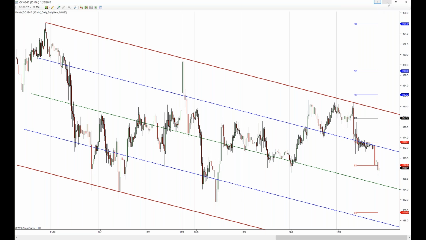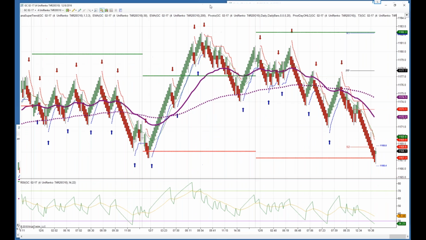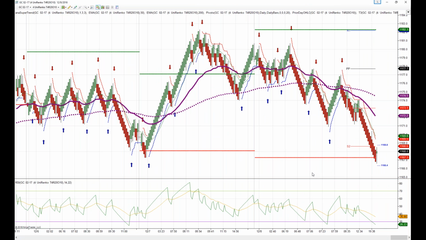So now I can go to my money chart. That's the bar chart. And the first question I ask myself, where is the 50 moving average, which is the dark purple line? Where is the 50 moving average compared to the 200 moving average?